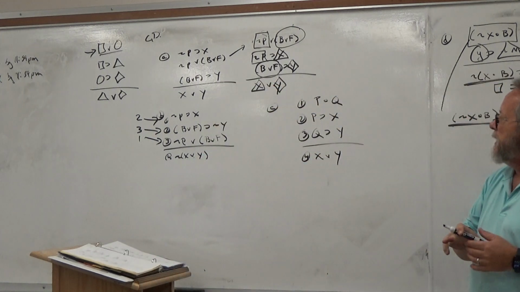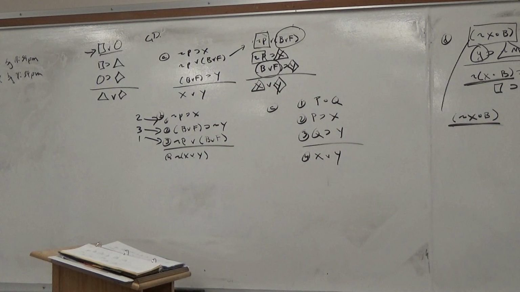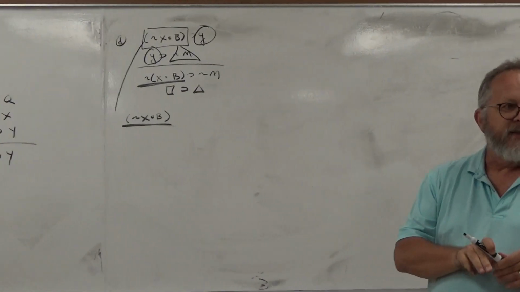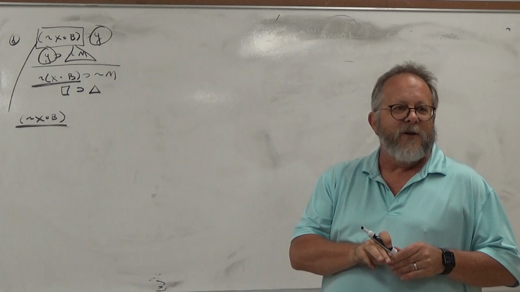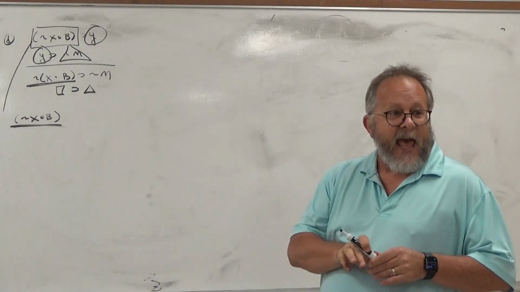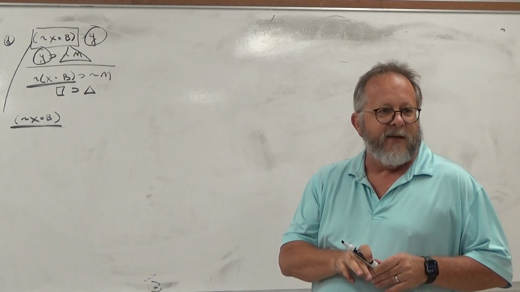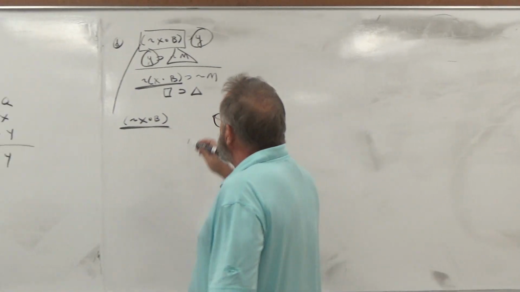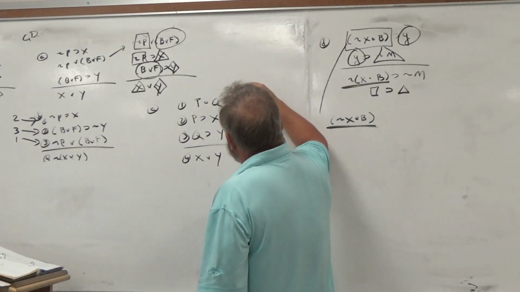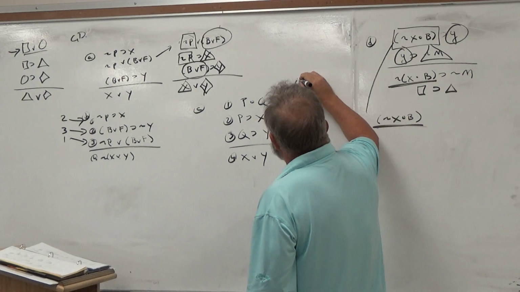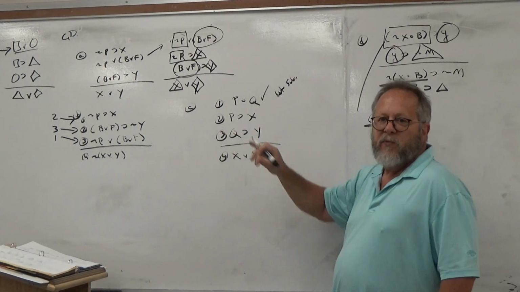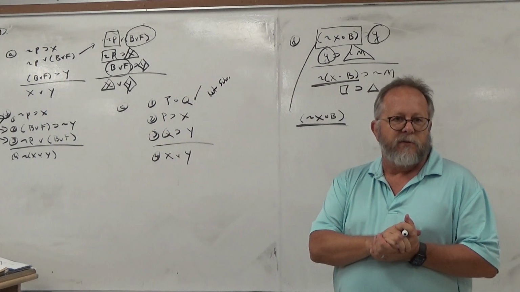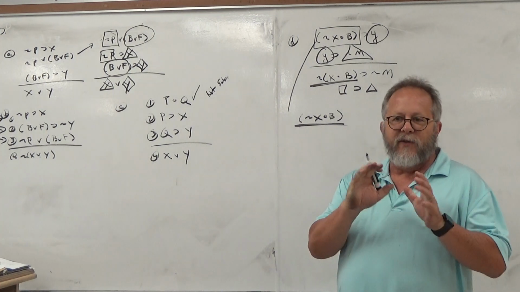The first thing we need is a box or circle, right? Do we have a disjunction in any of our premises? No, because line 1 is an and. Does everybody understand that? We don't have a disjunction, so we can't even get started. So this is not a substitution instance. That would have to be an or for it to work. Everybody understand that? So you have to look at the details.